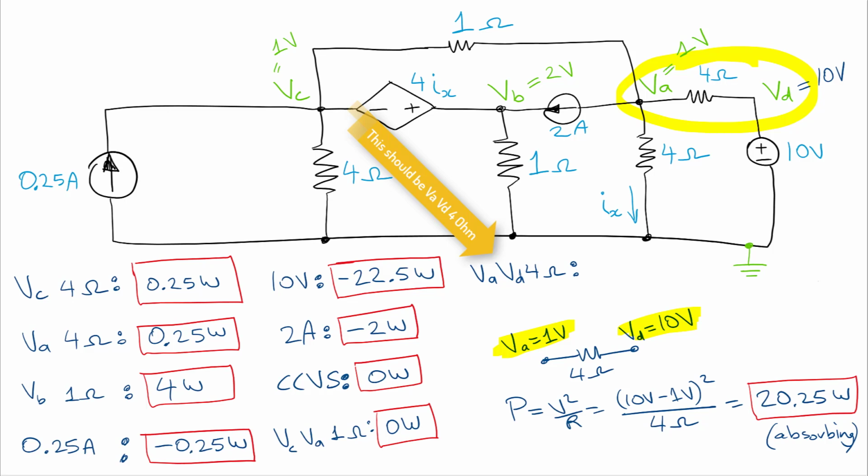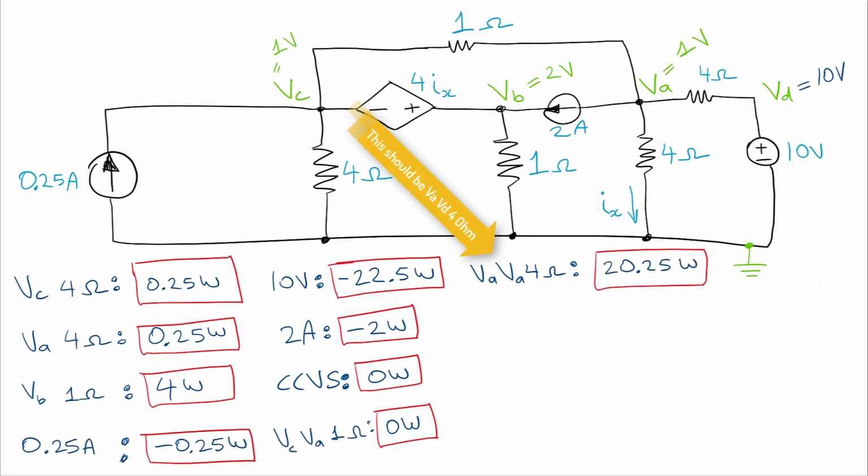So if we plug in our values into our V squared divided by R formula, we get 10 minus 1 squared divided by 4, and we get 20.25 watts, and that's absorbing. Okay, that's a resistor. So we have the powers of every circuit element right now.